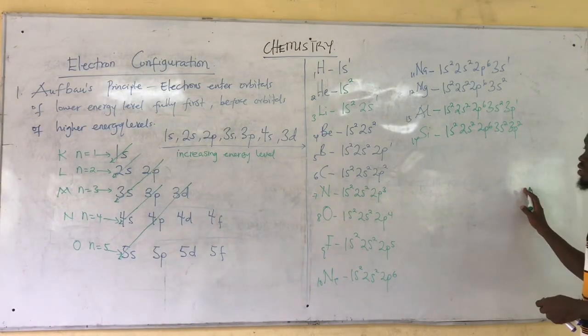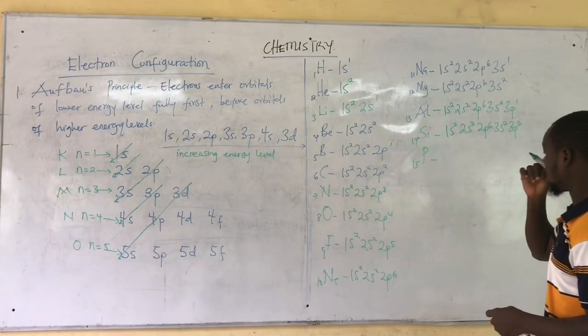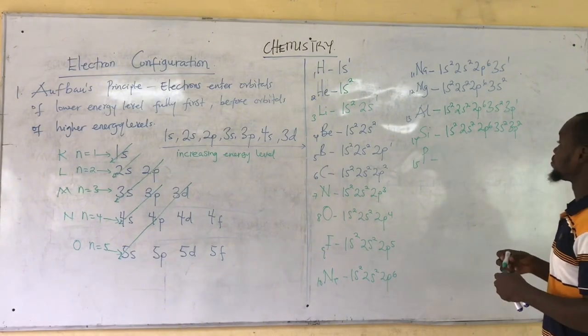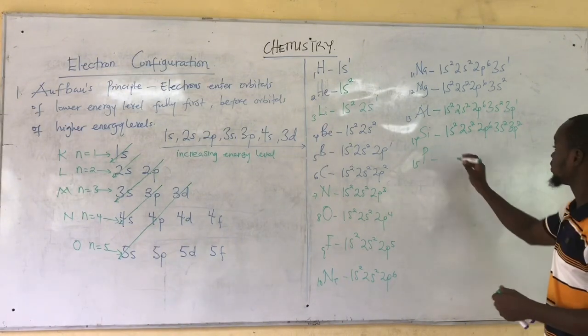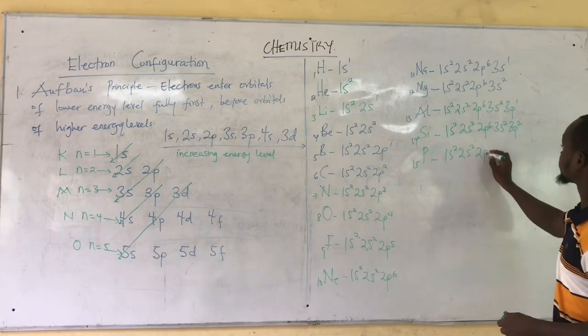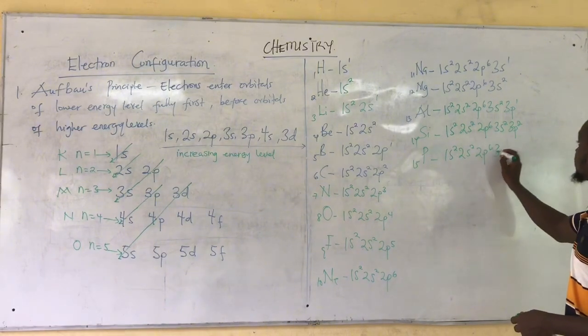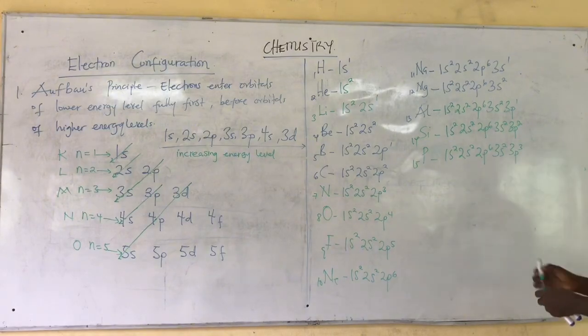Is that okay? Phosphorus, atomic number 15, becomes 1s2, 2s2, 2p6, 3s2, 3p3.